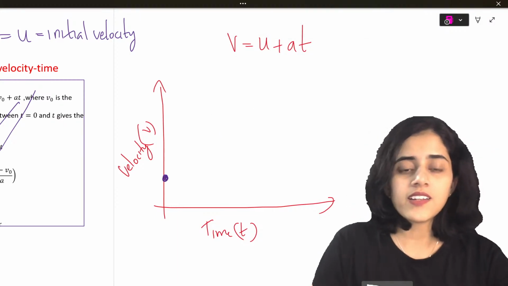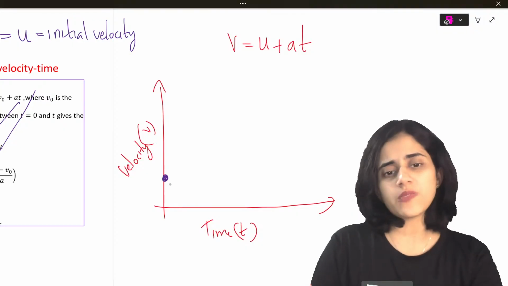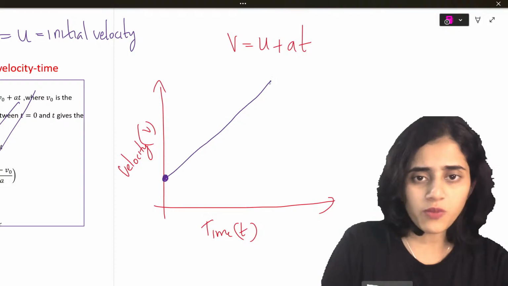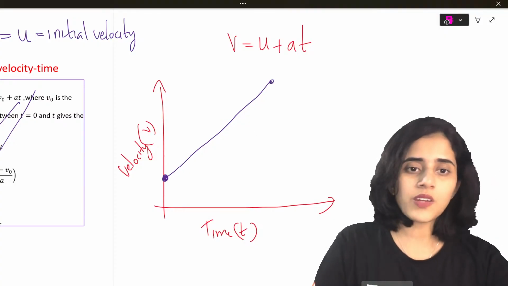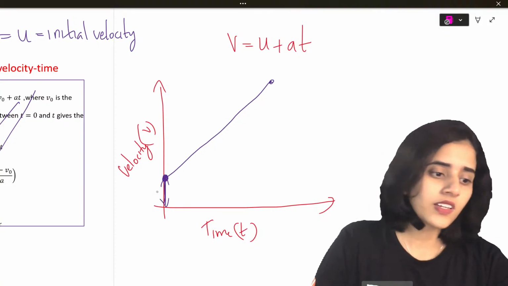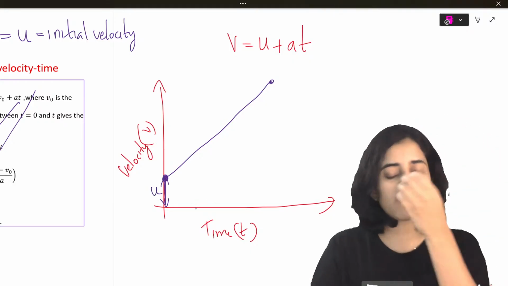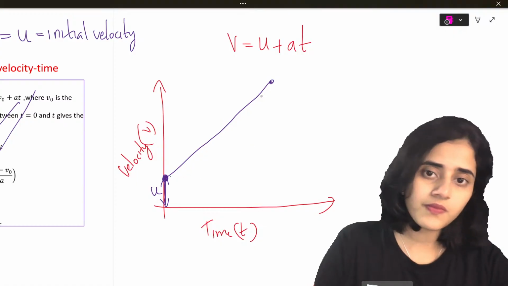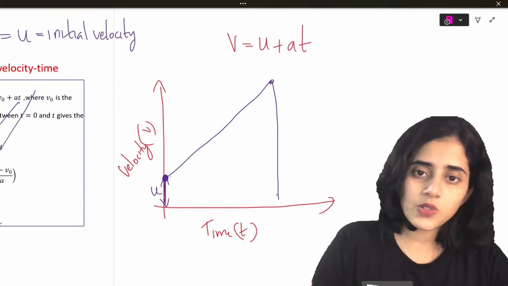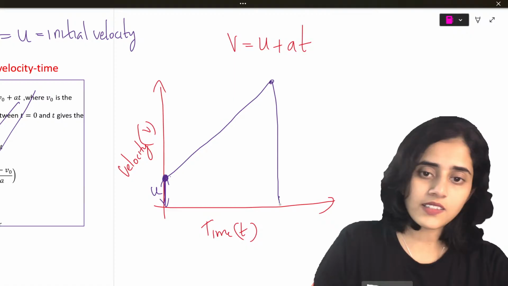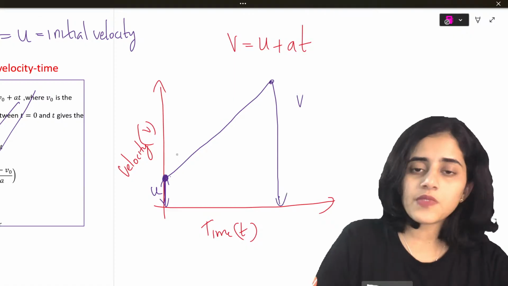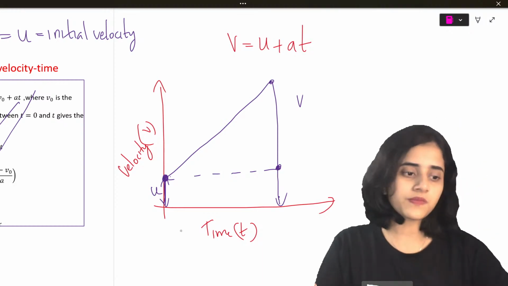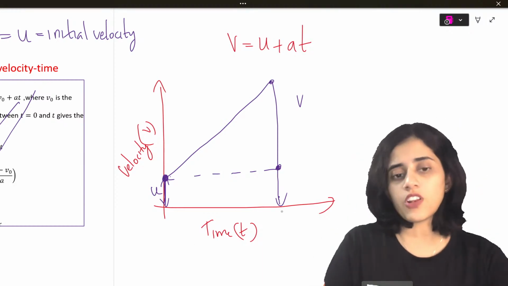This red car is initially moving with some velocity and then after some time moves with a uniform velocity. So this much is my initial velocity, and this whole thing is my final velocity.